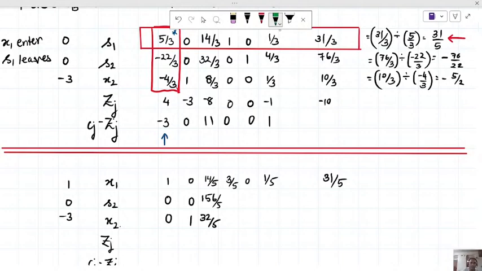So here when you make a box, what we have to do is 0 into 5/3 is that, and here it is minus 1 into minus 22/3 divided by 5/3, so it is plus 22/3 you will get here. 22/5 value you get here.